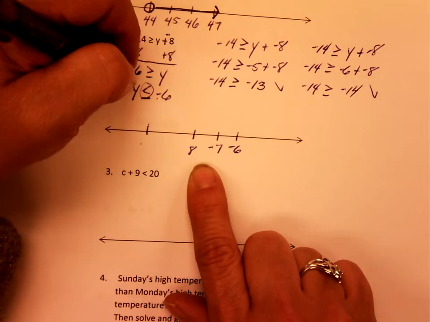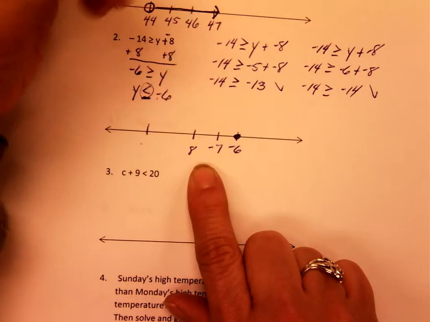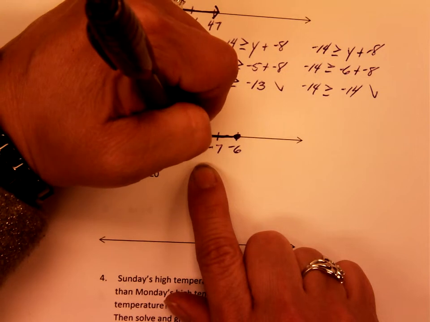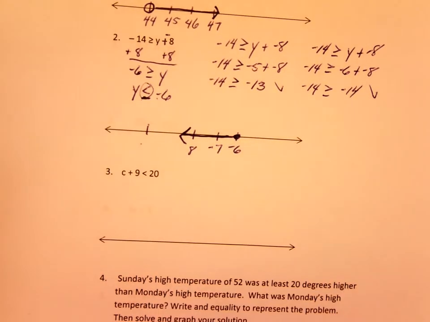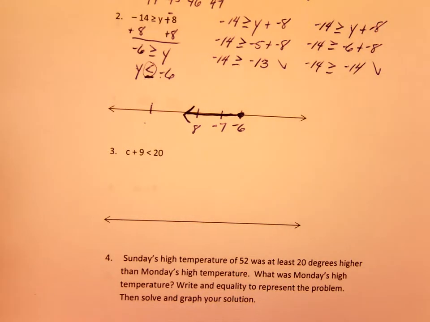Since this is equal to, this is a closed circle, and the direction tells us we're going to the left, and there's your answer. Try 3 on your own, and when you're ready, go ahead and push play.